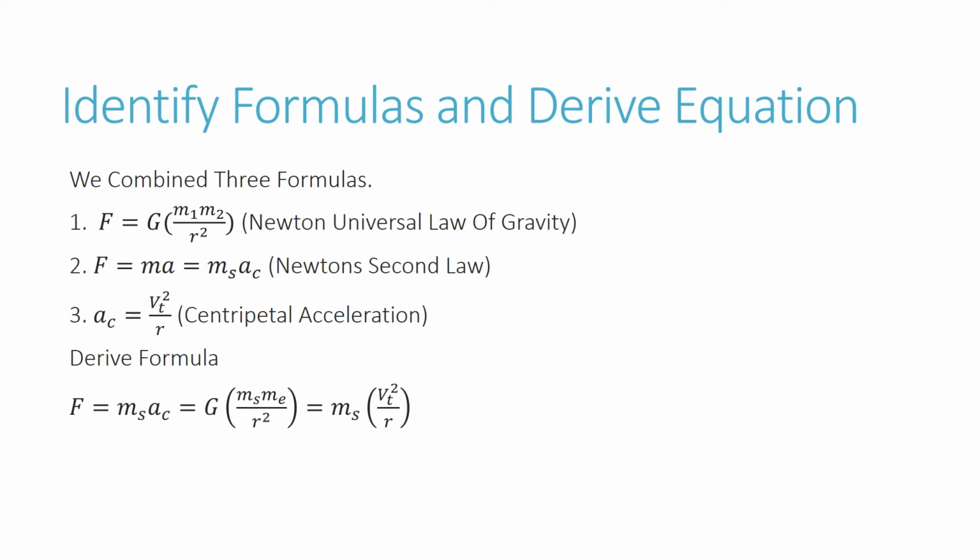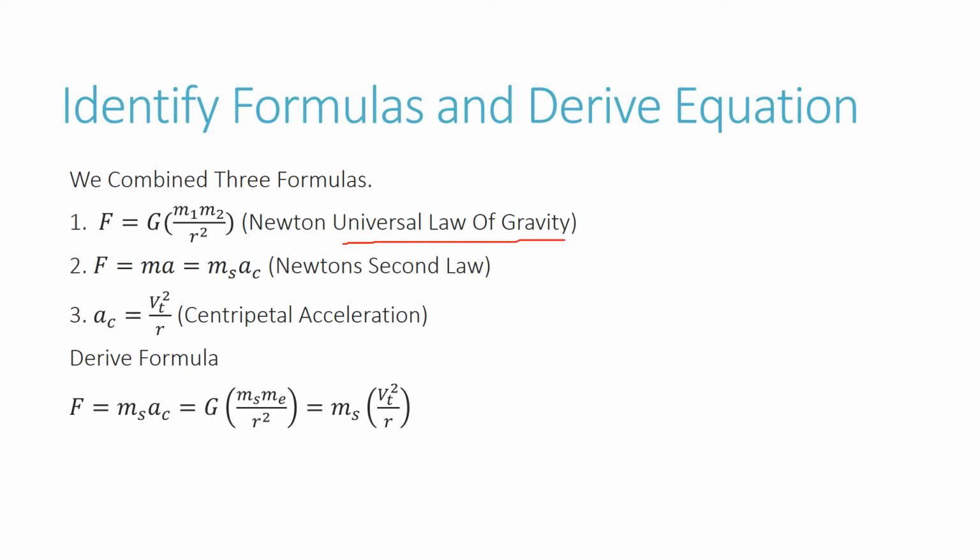First would be the universal law of gravity, and that states that the force is equal to the gravitational constant G times the quantity of one mass times another mass divided by the distance between those two masses squared, or the radius squared.